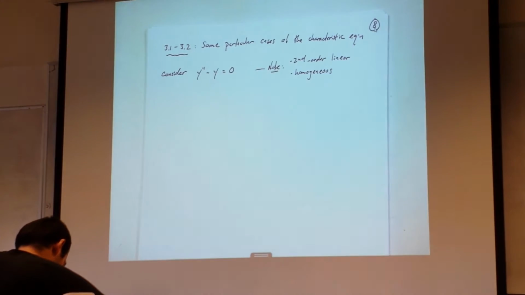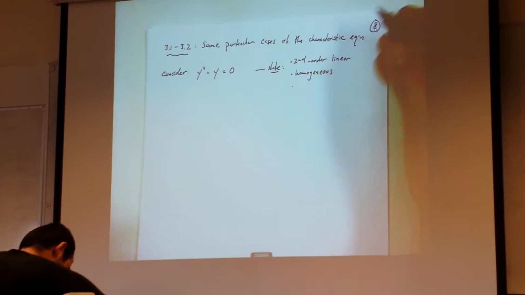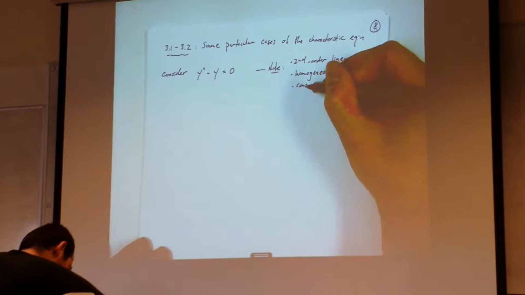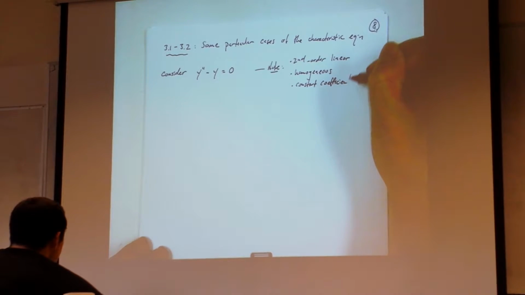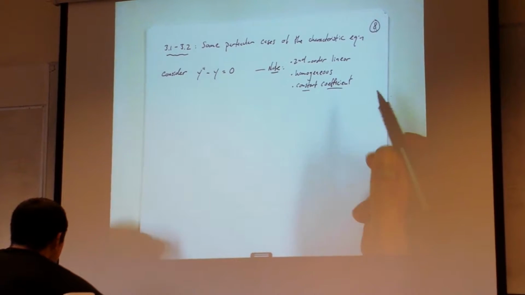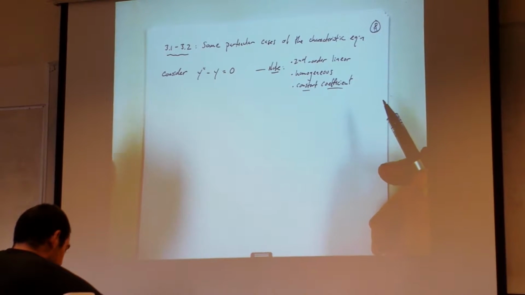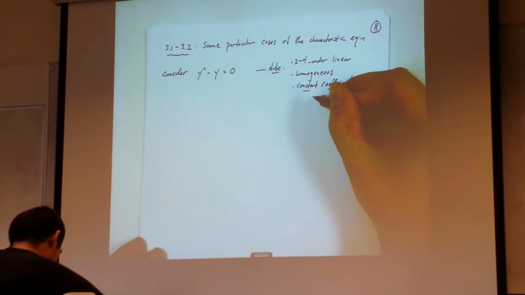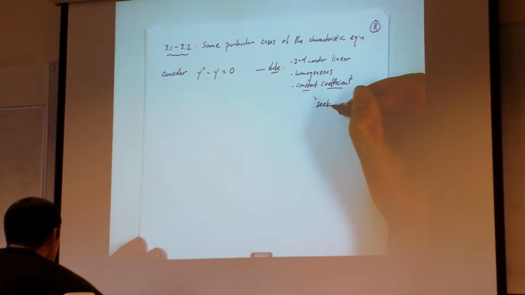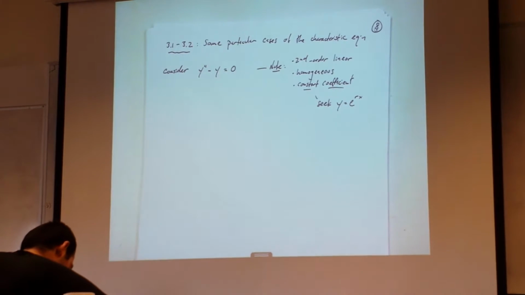Constant coefficients. And that constant coefficients one is where a lot of times this attack of assuming that y equals e to the rx comes in. Okay? So because of this, we seek a solution of the form y equals e to the rx.